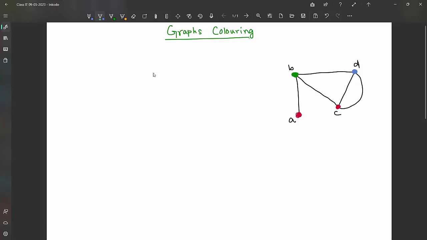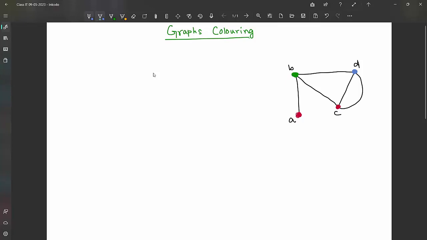So this is the concept. You have to color each of the vertices in a way that no two adjacent vertices get the same color. Here you can see that no two adjacent vertices have the same color. So you can color the graph by using 1, 2 and 3 colors.